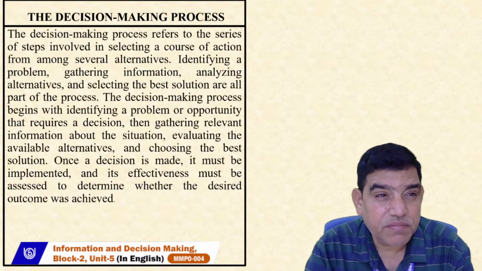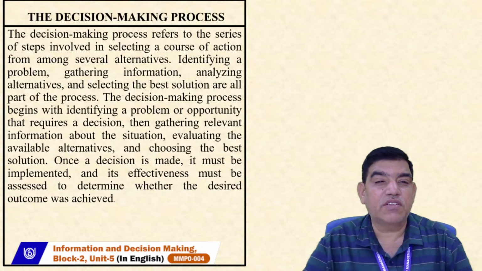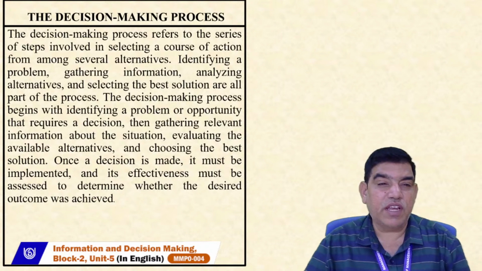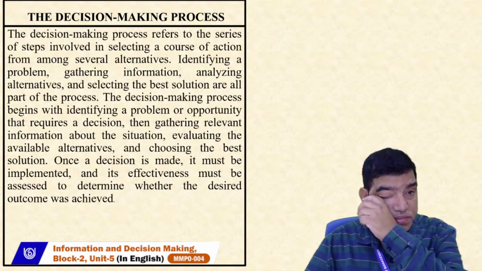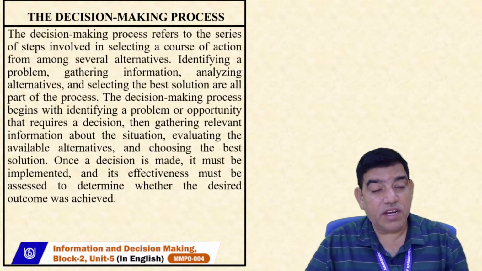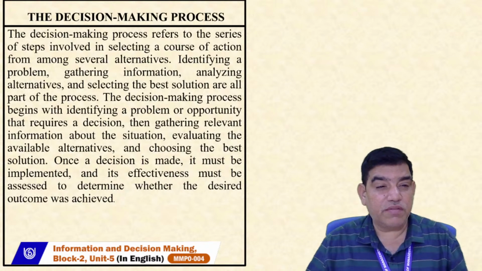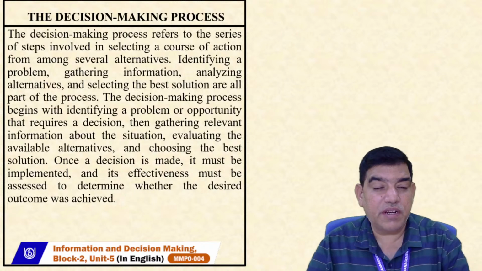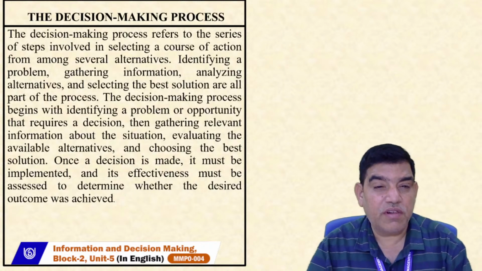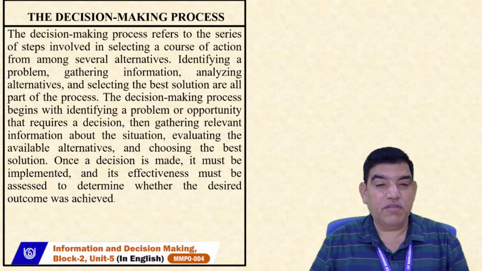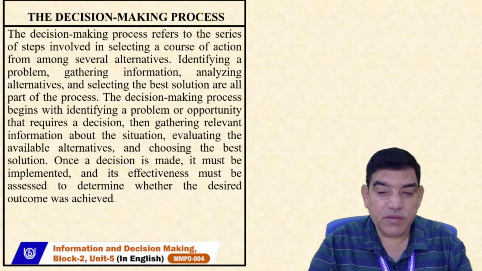So here, the decision-making process consists of several steps which are executed one by one and generate information, analyzing alternative solutions, and selecting the best one among the different solutions. And on the basis of this, we go for the decision-making process.